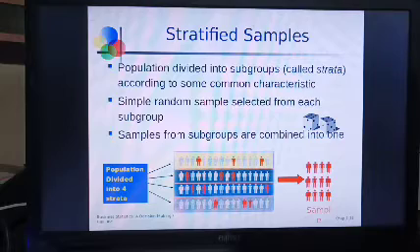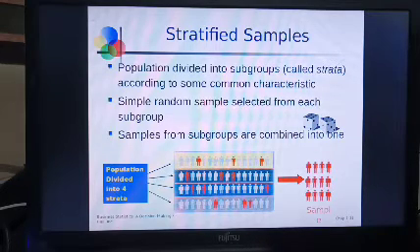Here, for example, if this is the entire population of points of interest, it is divided into 4 strata. Why 4? The researcher would have to determine based on experience. It's his or her decision.